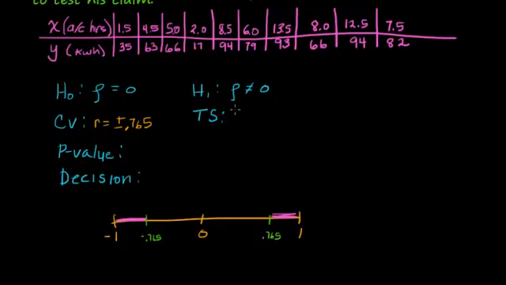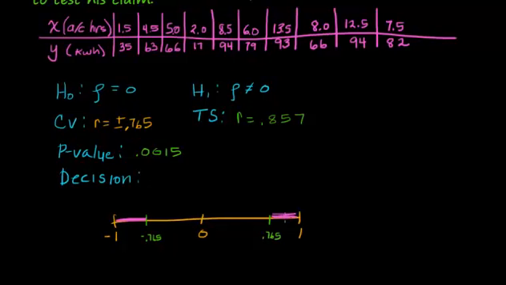So our test statistic was 0.857, and our p-value was 0.0015. So let's put the test statistic on the graph.